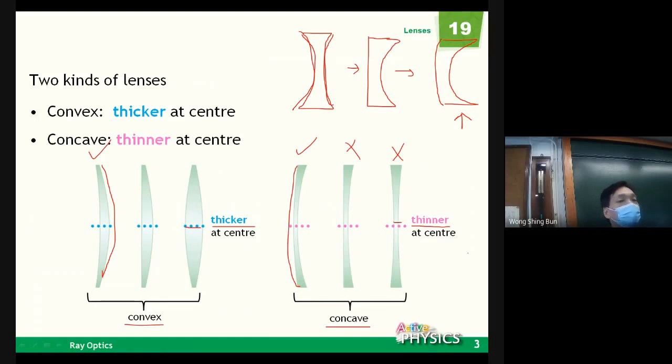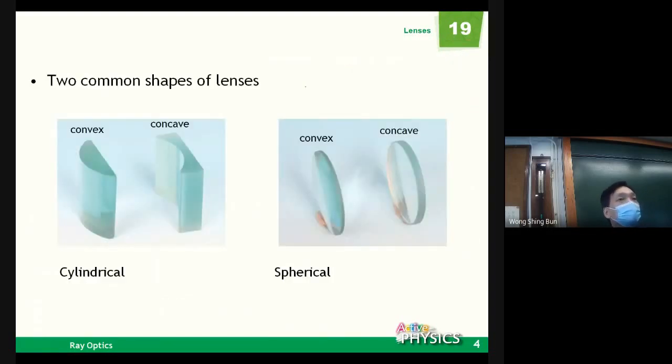But what are the differences between them? I will mention it later. This one is the physical shape of the concave and convex. Unfortunately, we haven't any face-to-face lesson, so I can't show you this. Now look at this. How to determine whether this one is concave or convex?